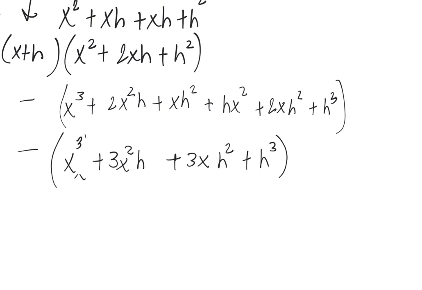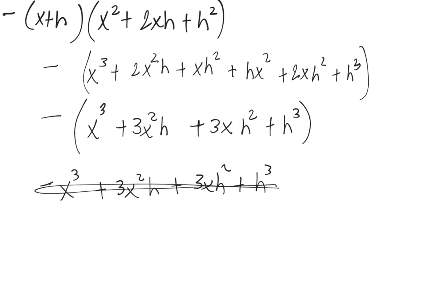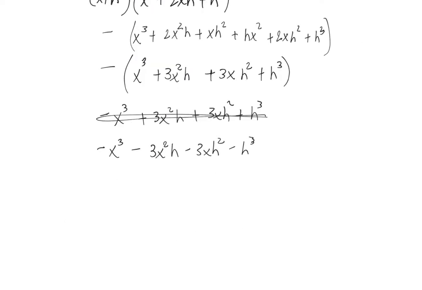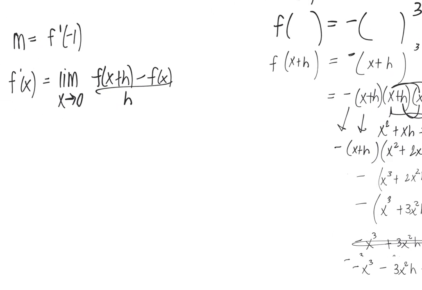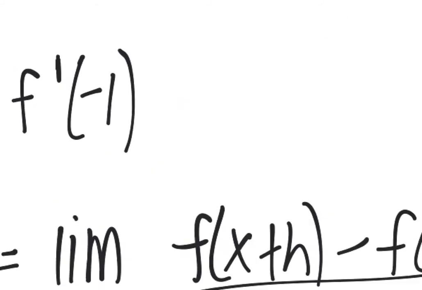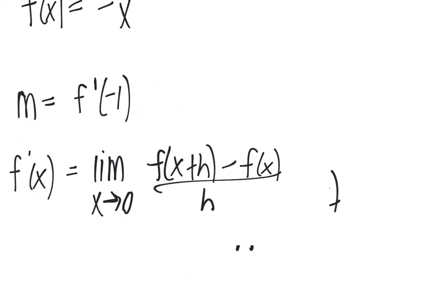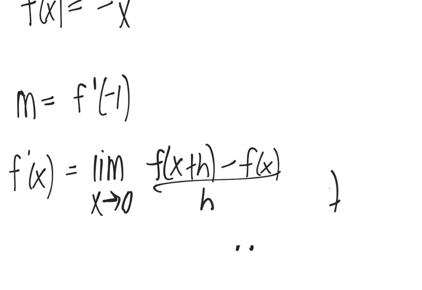And now just change the sign of everything. I said change the sign of everything, but I didn't really do it. Okay, so now we've found what f of x plus h is. I'm ready to figure out my derivative, so then I can plug in the -1 into the derivative so that I will know what the slope is, and then I can plug that into the equation for a line.